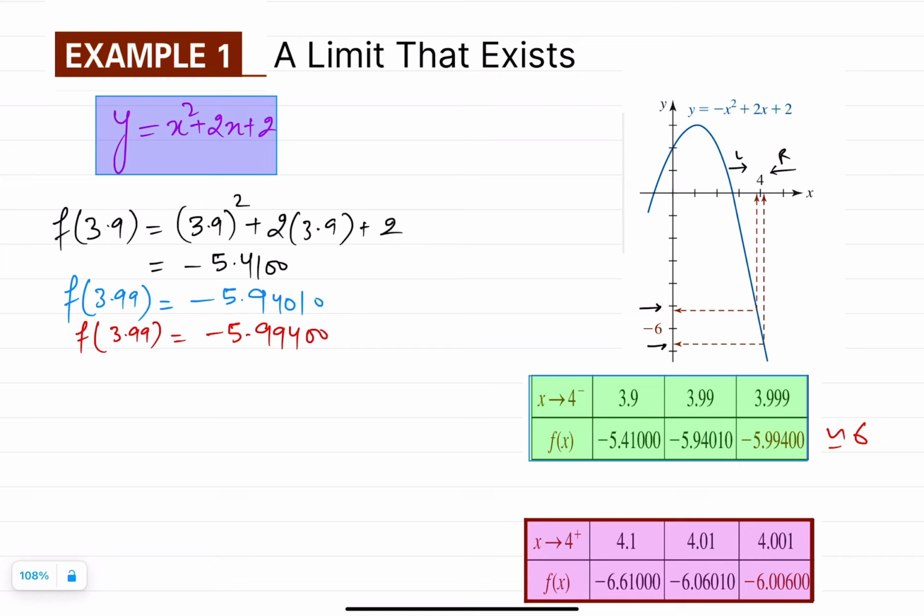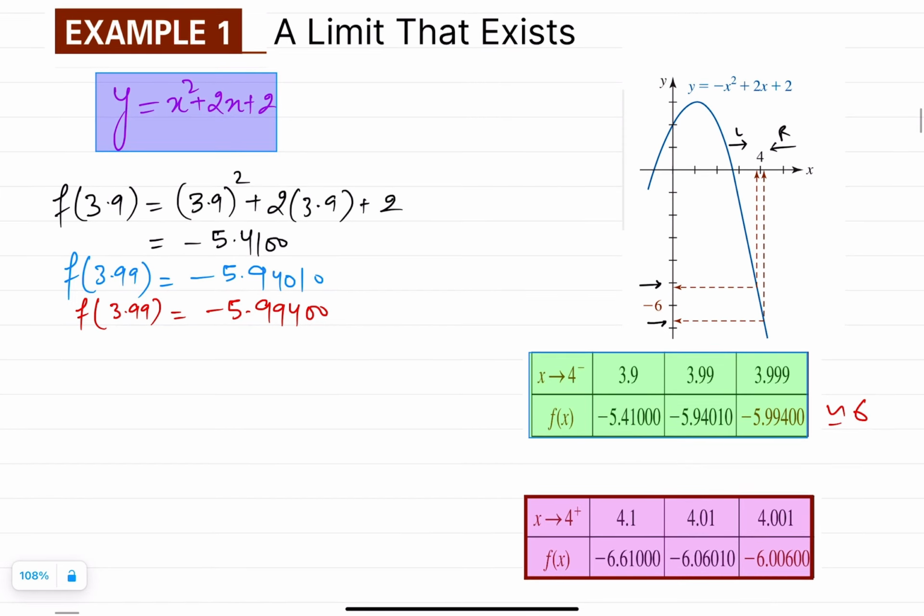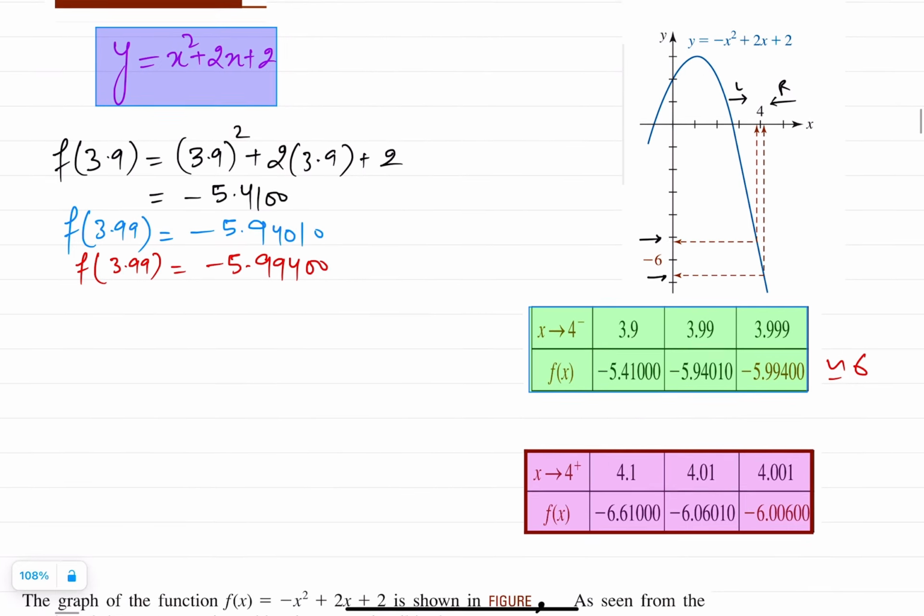Similarly, we will try to come to x equal to 4 from the right side. We will take values closer to 4, for example 4.1. Coming closer, it will be 4.01, and closer still, 4.001. We can see that the values are getting closer and closer to -6.